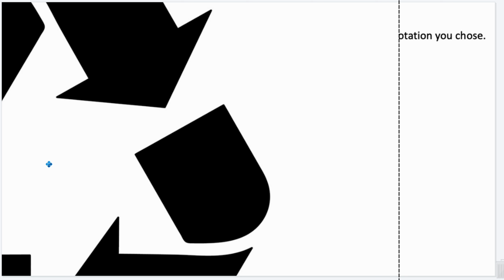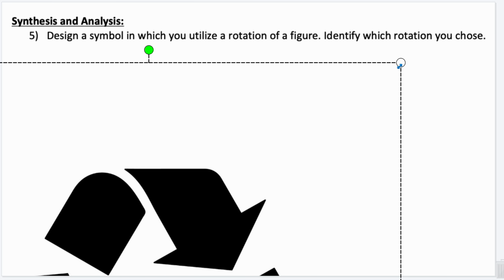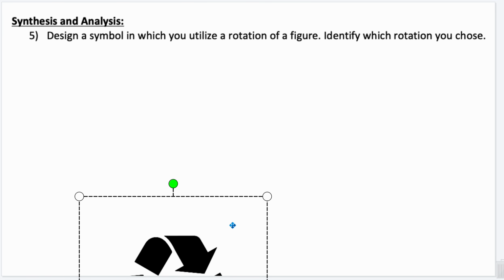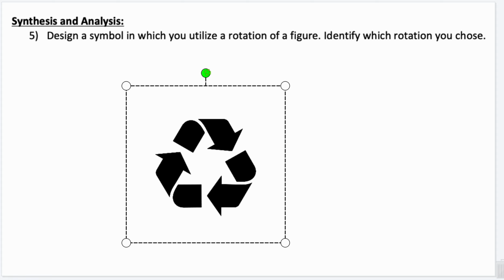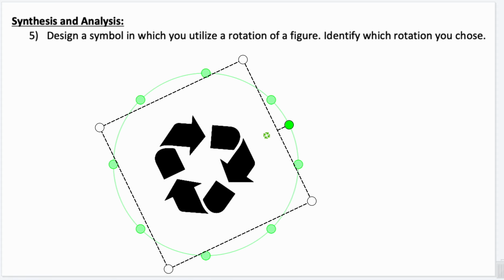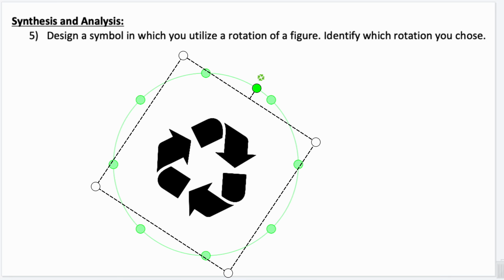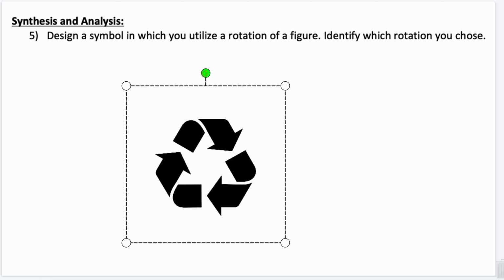So just FYI right here, I am performing a dilation to make it smaller. But I can start rotating it. And if you notice, those arrows at the top and at the bottom and on the side, they rotate along with it. So it's a rotation. So it's a symbol, if you wanted to know that, but that's on you.